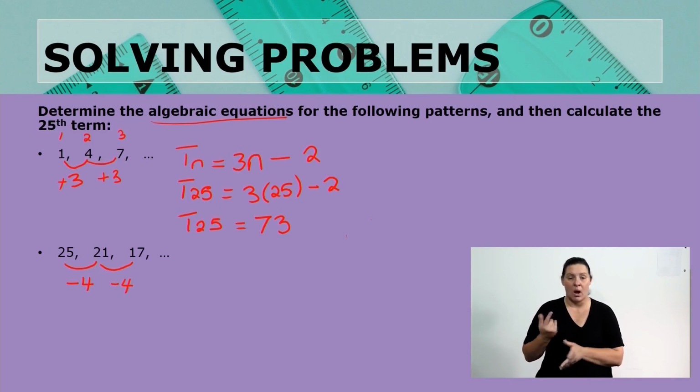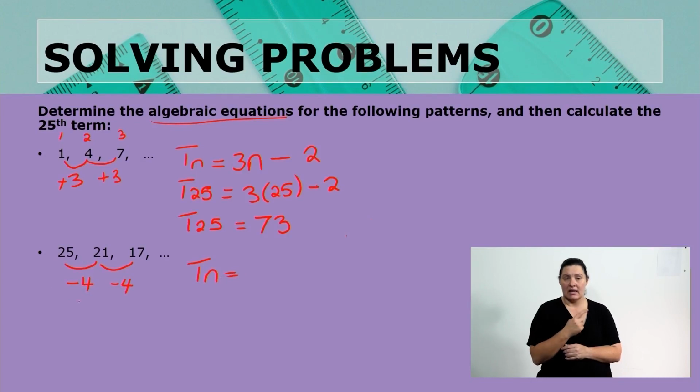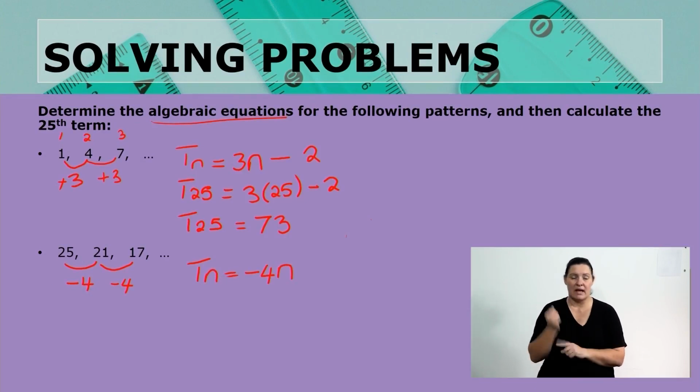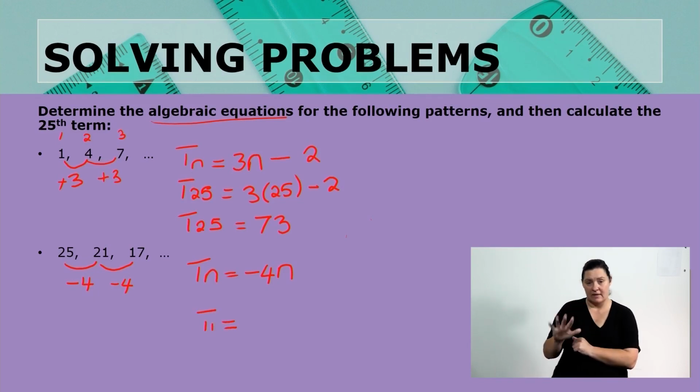So how are we going to find our algebraic equation? Remember Tn. We are going to take our constant difference, which is a negative 4. We are going to multiply it by our term number, which we represent with the letter n. And now we need to find what to add or subtract so that we can get to the first term. So let's look at our first term here. So our first term is 25.